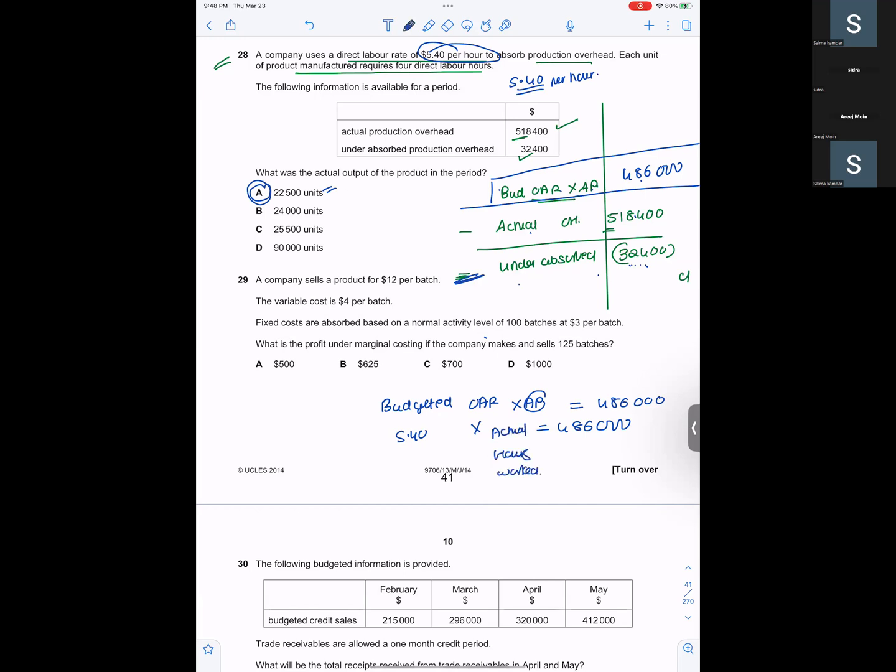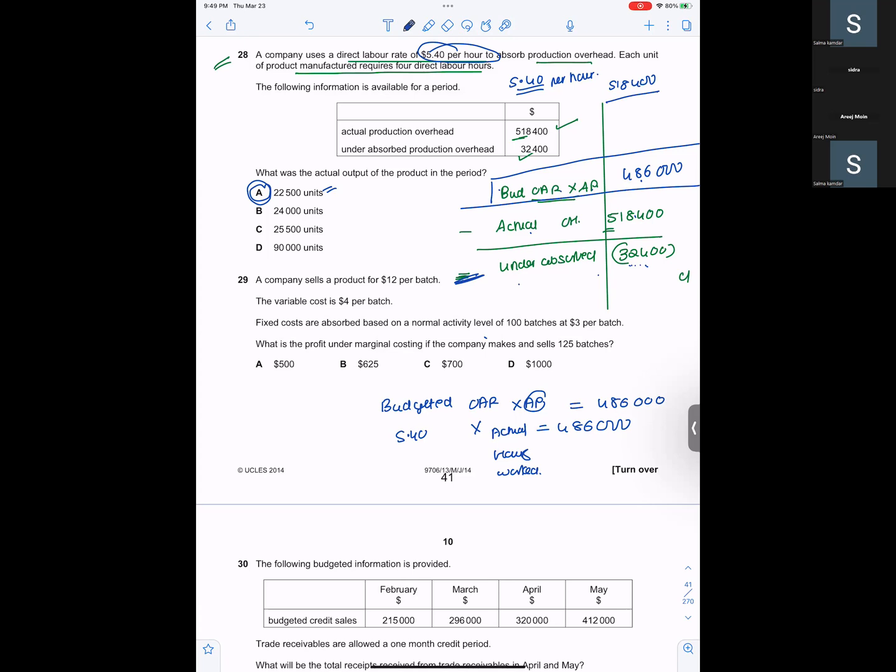How will I get the actual hours worked? The actual production overhead divided by the direct labor rate. Actual production overhead how much? 518,400 divided by what?